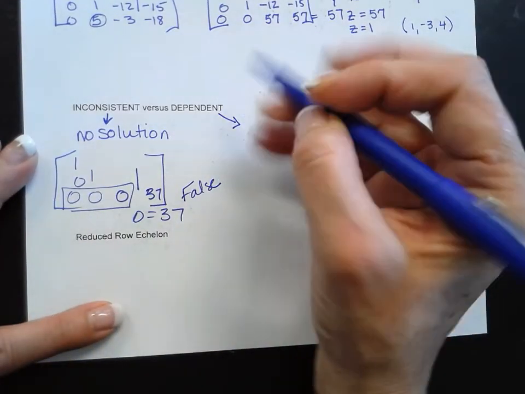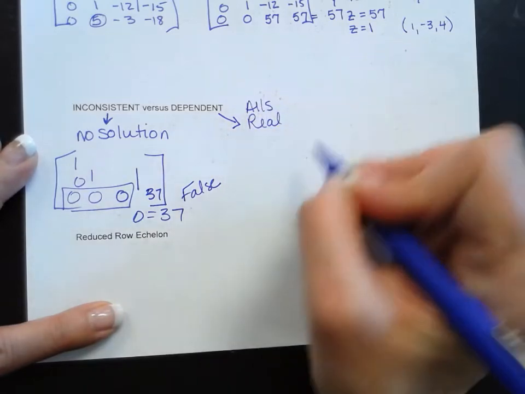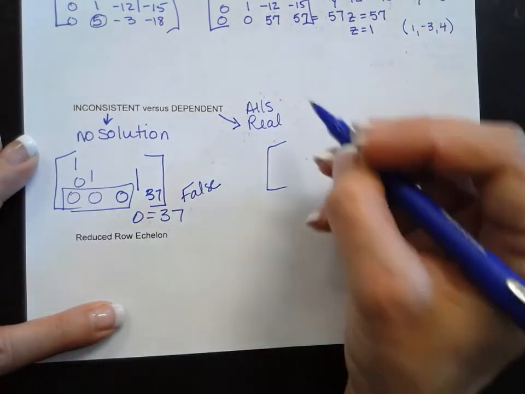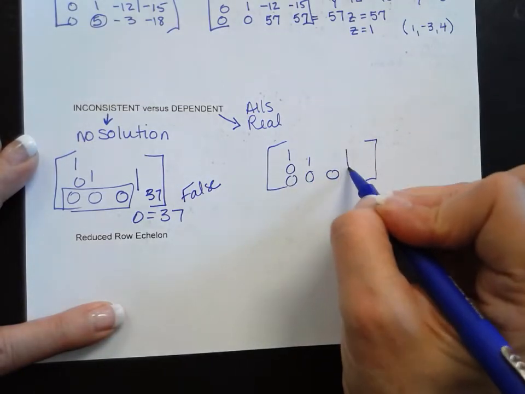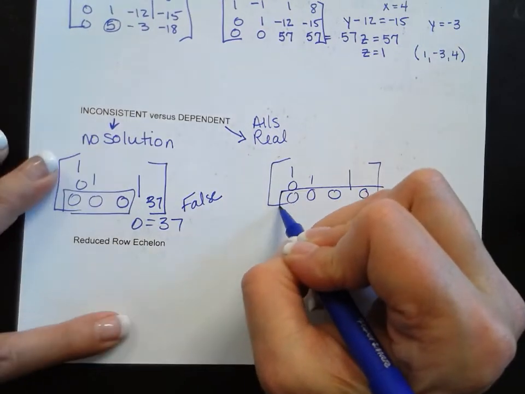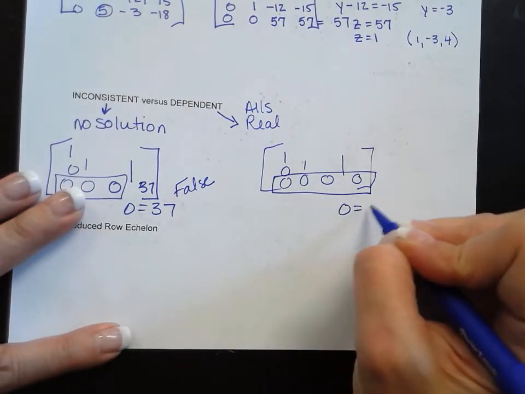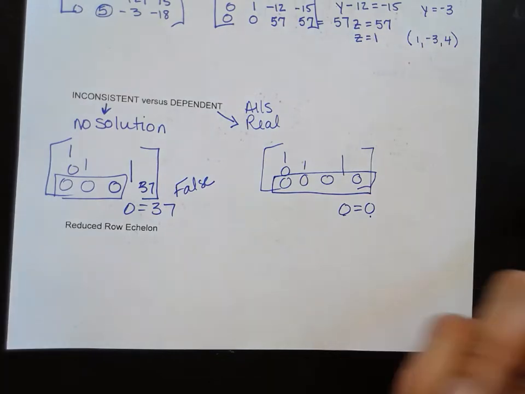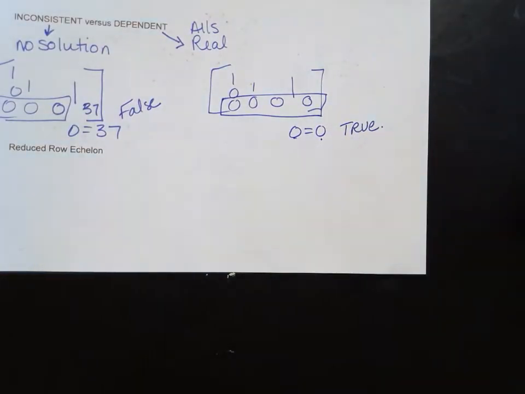If it's dependent, that's where it's all reals. And what that looks like, you got your little triangle, but you got all zeros all the way across. All right? And so that's like saying 0 equals 0, and that's the true statement.